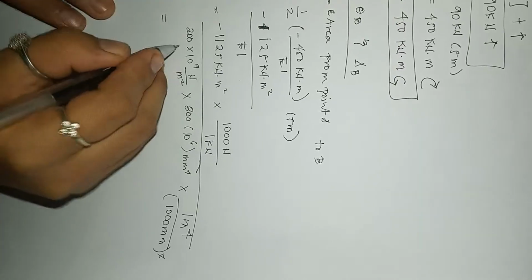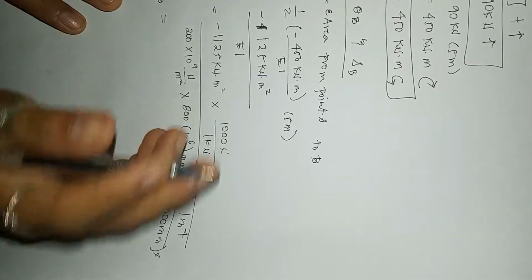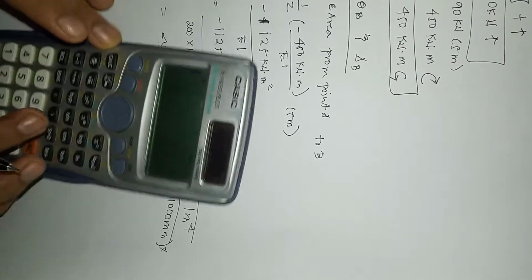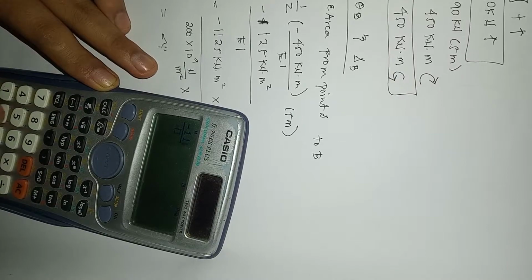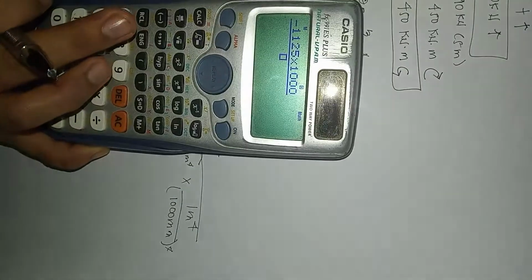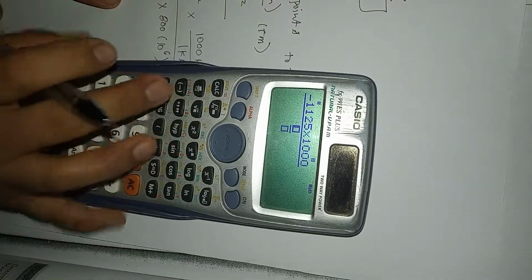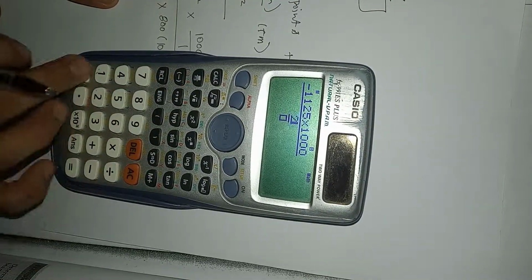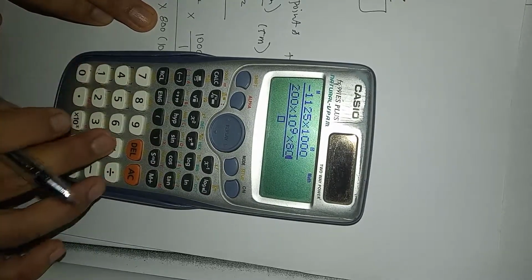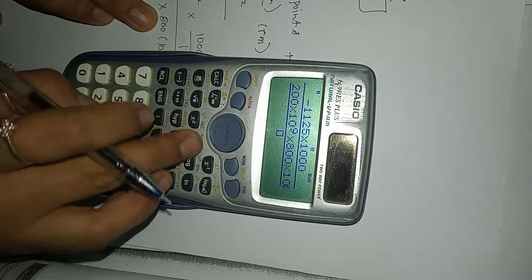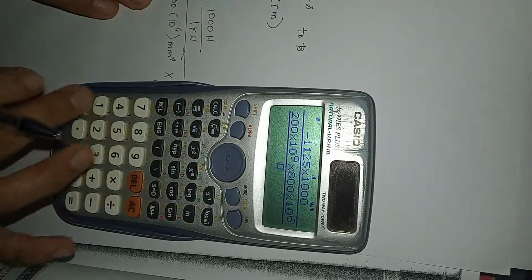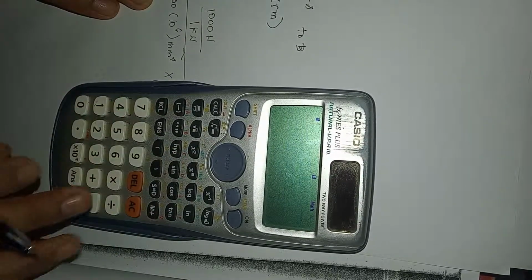So theta B is equal to negative 1125 times 1000 all over 200 times 10 raised to 9 times 800 times 10 raised to 6 all over 1000 raised to 4.